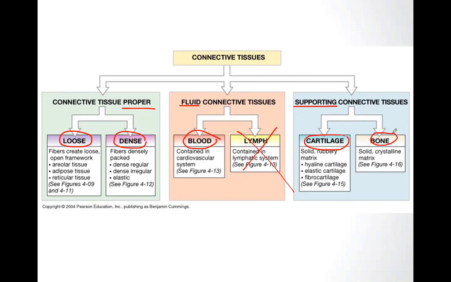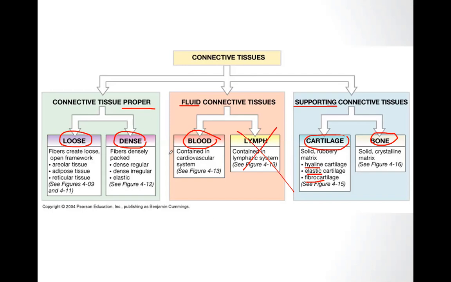Now, bone is basically bone. There's no further breakdown to it. But for cartilage, you actually have 3 main categories: hyaline cartilage, elastic cartilage, and fibrocartilage. Again, we'll take a look at how we distinguish them and where you can find them in your body. Blood is blood. Again, there's no breakdown to it.